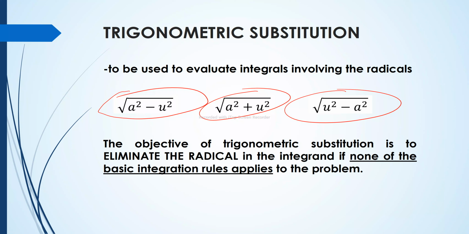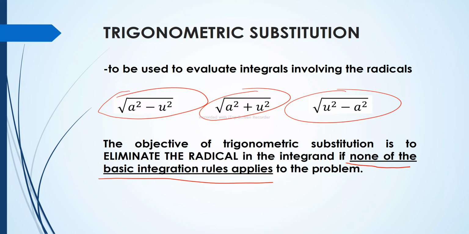When are we going to use the trigonometric substitution in eliminating the radical? We are going to use the trigonometric substitution if none of the basic integration rules applies. Of course, you'll only use this one if none of the basic integration rules applies. If you notice, this is kind of similar with our inverse trigonometric function, diba?